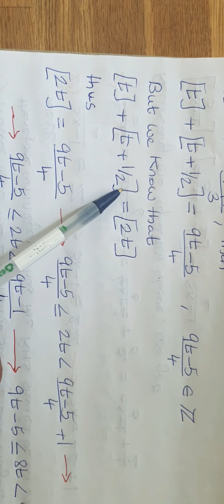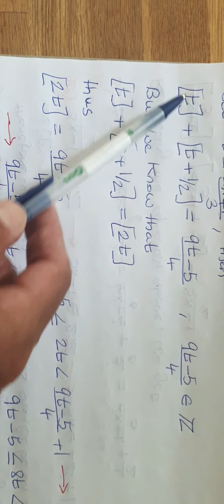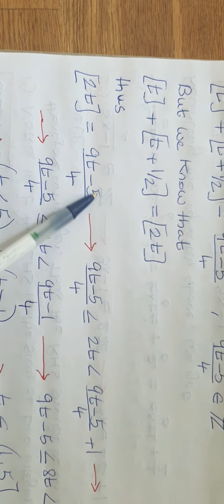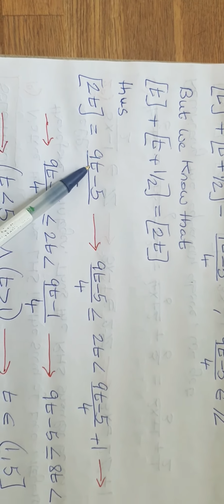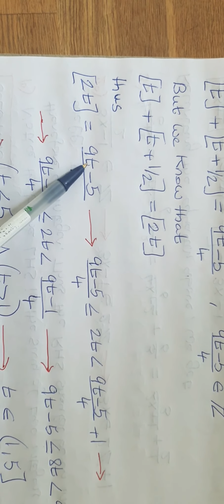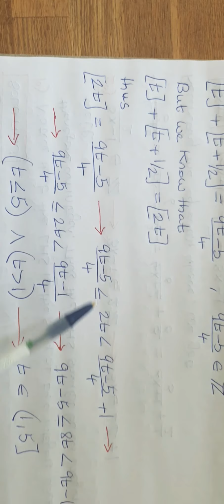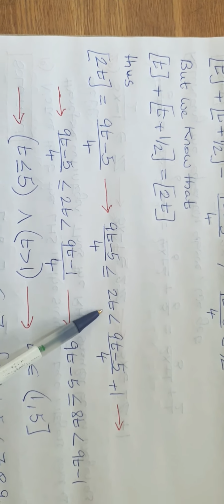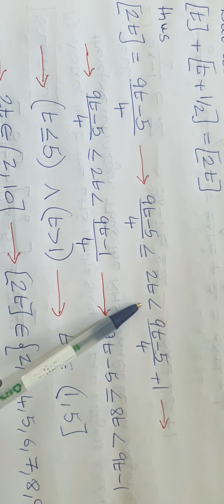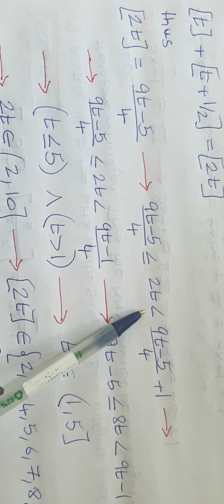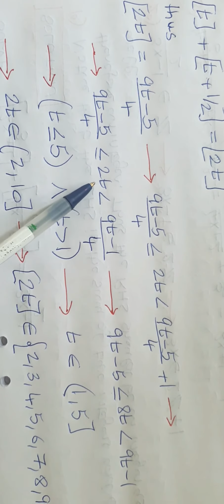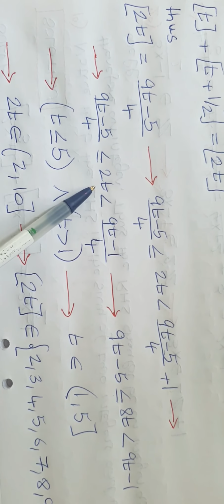So now by substituting this by the integer part of 2t, I have this equation, which using the definition of the integer part function would give me this double inequality. And by adding 1 to this, I will get this new double inequality.